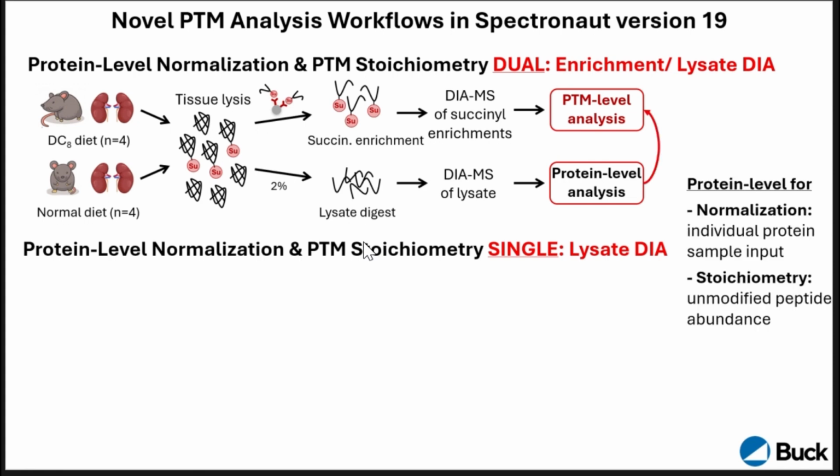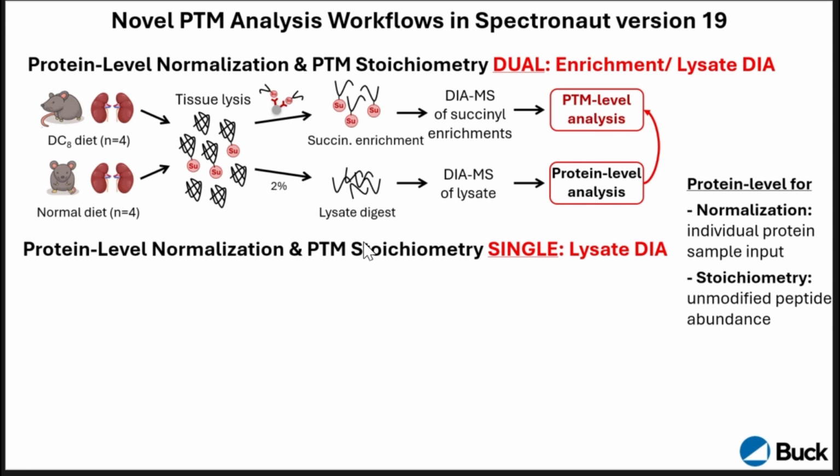And then you can use Spectronaut if you want to do protein normalization. That is really for when you do see an increase in PTM, some people ask, well, was it because the site was regulated, or was it because the protein was upregulated? So Spectronaut allows for either doing that normalization for PTMs or not.